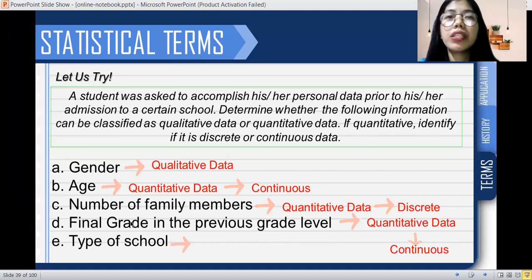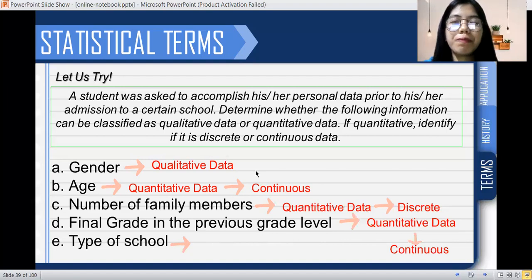Dahil kapag when we are talking about grades na, meron siyang mga decimal. Lalong-lalo na sa mga, for example, sa mga nakabilong sa cream of the crop, kung saan decimal points lang yung mga pagitan nila. Kaya importante po yung mga decimals sa ating mga final grades. And we also have the type of school.